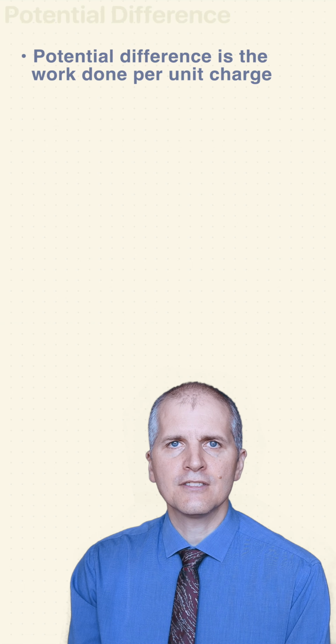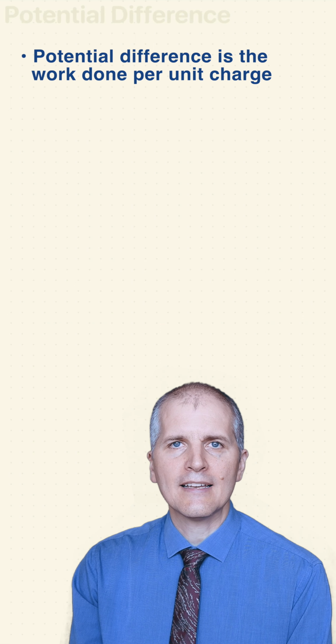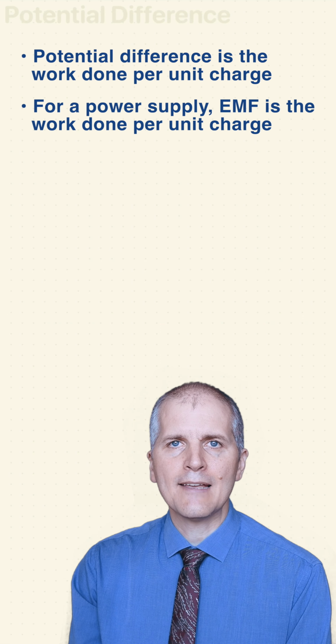So that's quite a lot of material, and it is a tricky topic anyway, potential difference, but try to lay it out clearly. We know that the potential difference is the work done per unit charge, and if we're talking about a cell, when we think of it as the EMF, is the work done per unit charge.